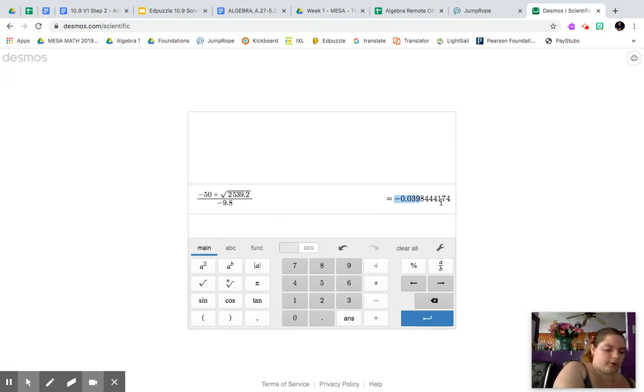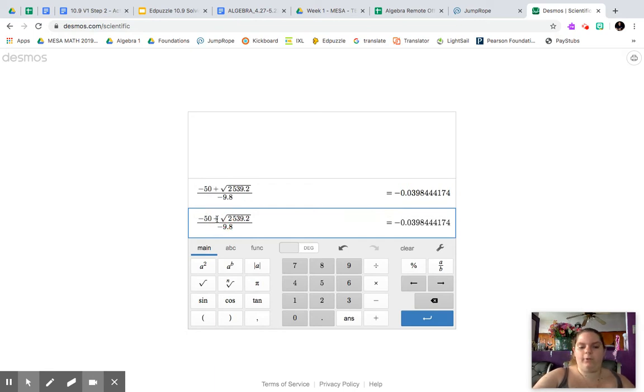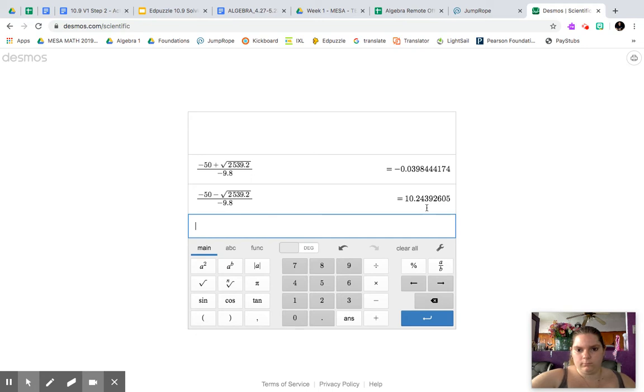I have negative 0.039, and I'm going to take the same equation, copy it, paste it, but instead of plus, I want the negative equation. Alrighty, and we get 10.243. All right, let's write that down. 10.243. And this is our final step.